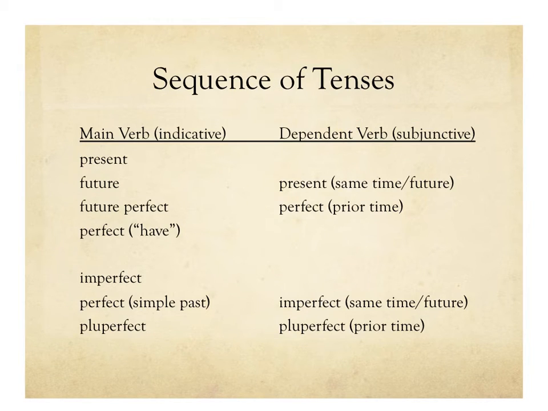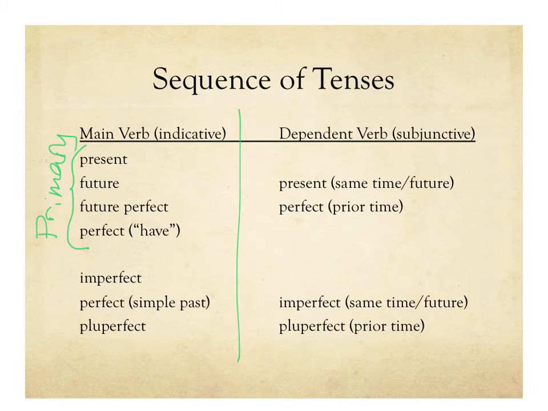So here's what typically happens. In the sequence of tenses, if the main verb, the verb in our main sentence, is in the present, the future, or the perfect, and the perfect means have done something, then this is something that we call primary sequence. And if your verb is in primary, then you only have two options.